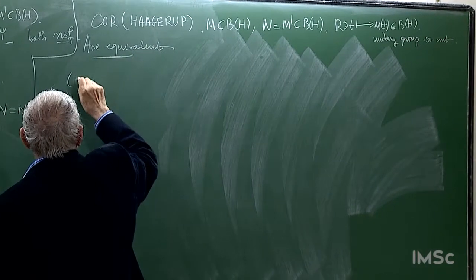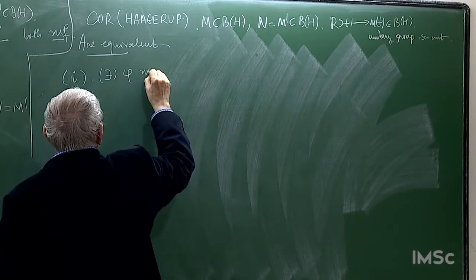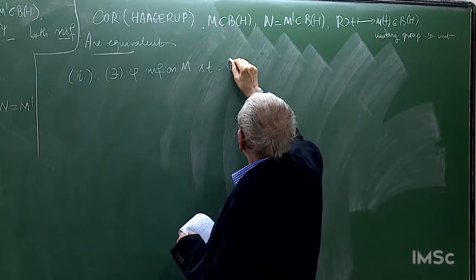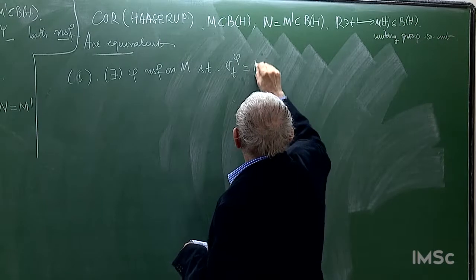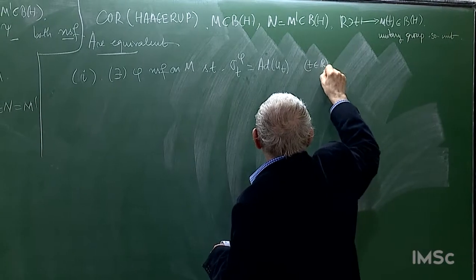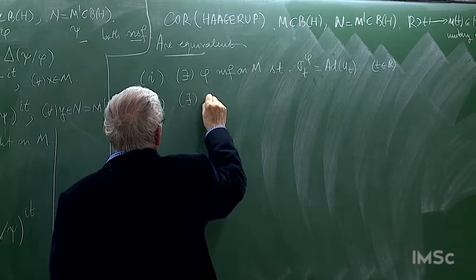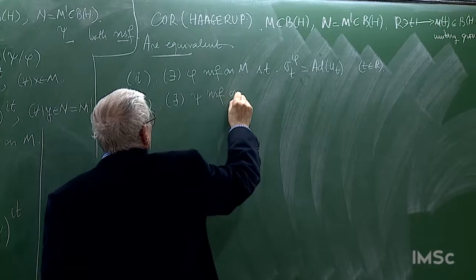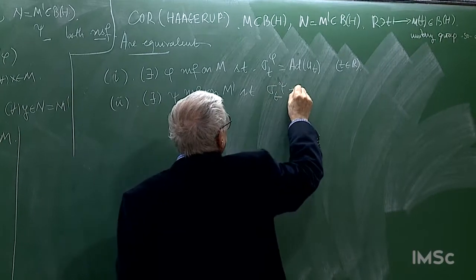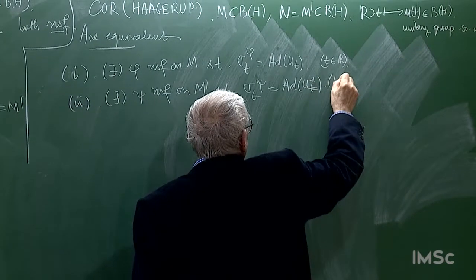First, there is a weight phi, NSF on M, such that sigma t phi is equal to Ad of u t for every t in R. And the second assertion, which is equivalent to this, is that there is psi, an NSF weight on M prime, such that sigma t psi is equal to Ad of u t star for every t in R.